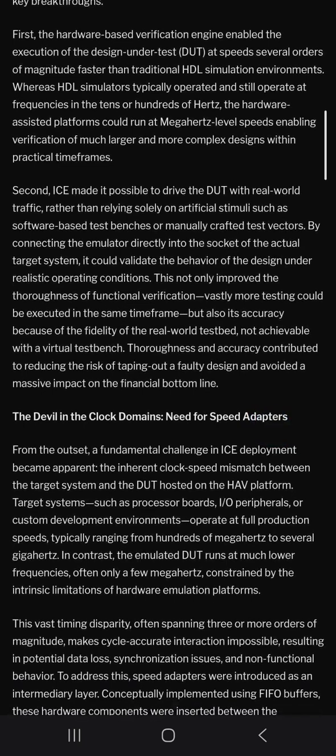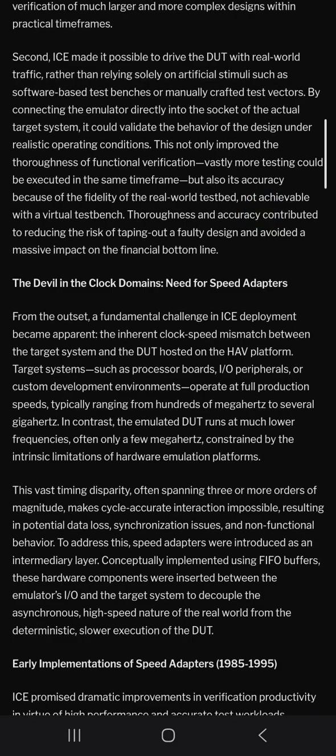The devil in the clock domain: the need for speed adapters. From the outset, a fundamental challenge in ICE deployment became apparent: an inherent clock speed mismatch between the target system and the DUT hosted in the HAV platform. Target systems such as a processor board, I/O peripherals, and a custom development environment operate at full production speed, typically ranging from hundreds of megahertz to several gigahertz.